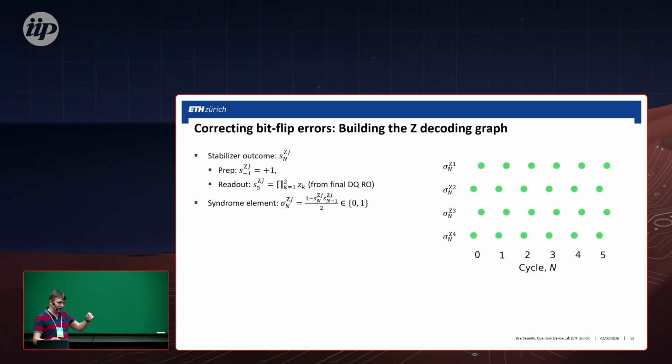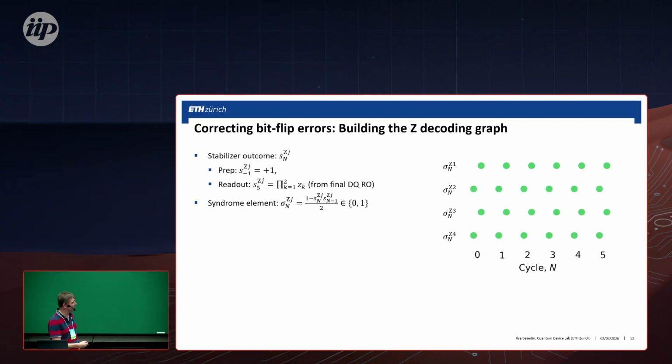Now, when we compare stabilizers from subsequent rounds, we can see if they flipped or not. If they flipped, that indicates there was some error somewhere. So we can construct this table of syndrome elements, as we call them, so parities of subsequent stabilizer measurements.